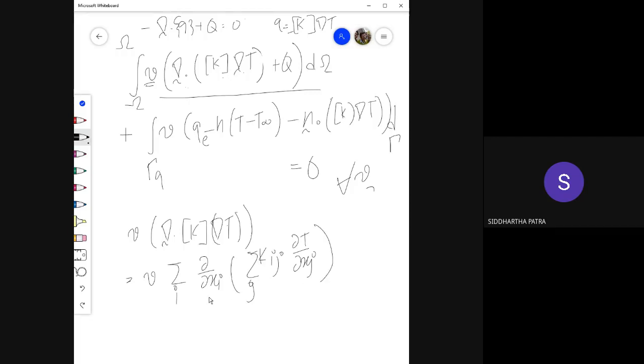Okay, and since the summations go with the limit 1 to 3, the limits are independent, and I can change the order, and this quantity can eventually be written as summation over i del xi of v times kij del T del xj minus summation over j, so I can basically take v inside, summation over j del v.